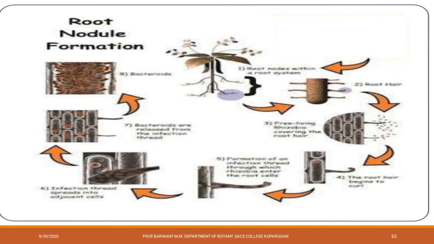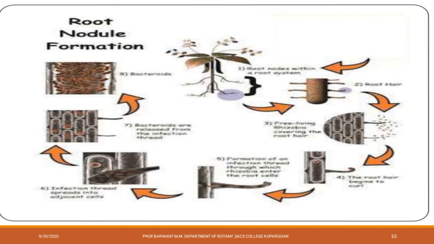There is also a flow chart given. First, the root hairs. Second, the root hair nodes with the root hair system. Third, free-living rhizobia are present. The root hairs begin curling and an infection thread forms, through which the rhizobia enter the root hairs.